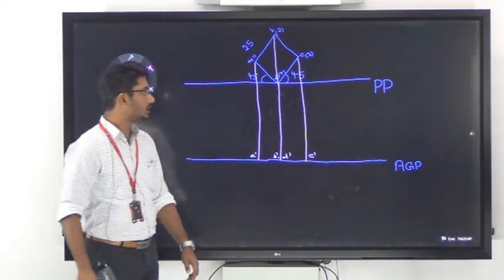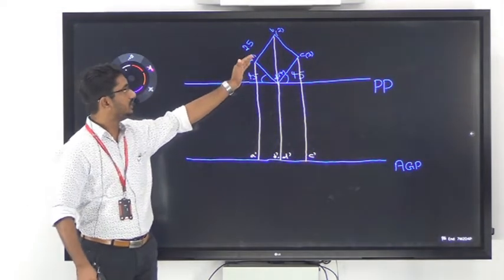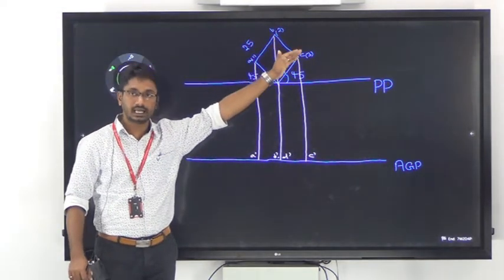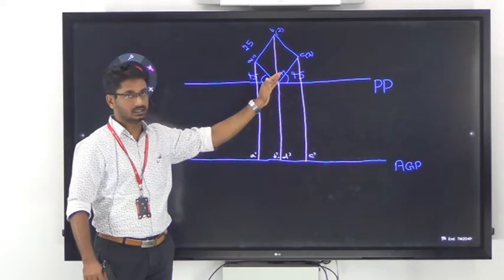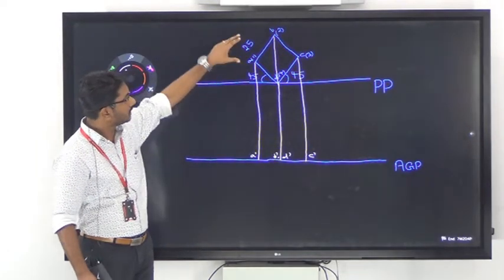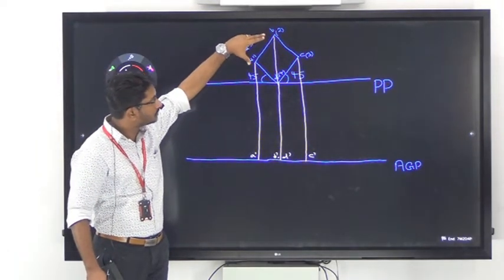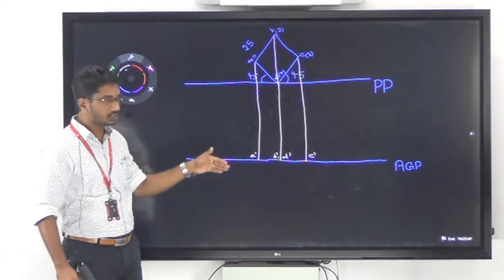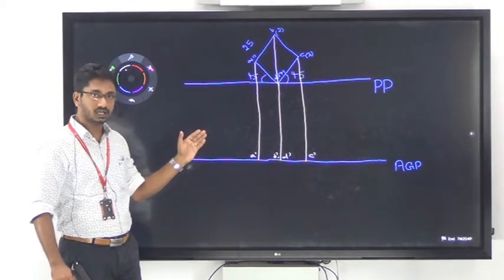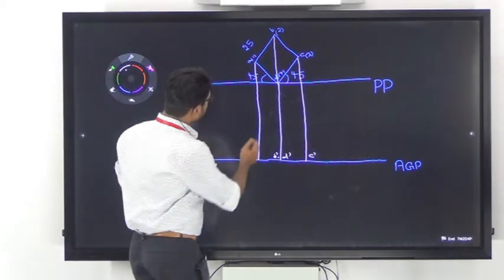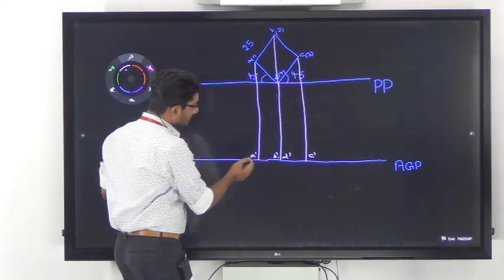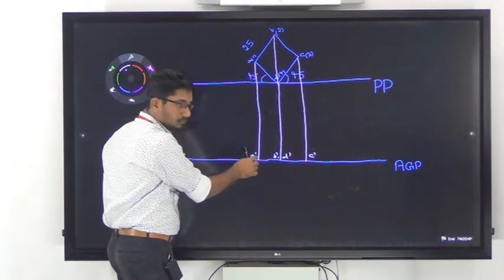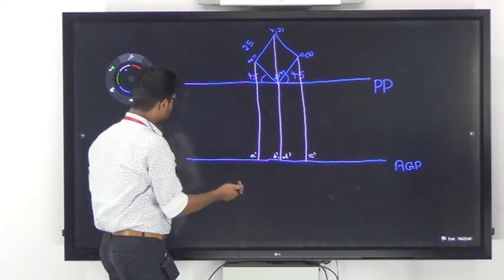Now you have to mark the bottom corners 1 dash, 2 dash, 3 dash and 4 dash. For that we know that dimension of the cube is equal to 25 mm. That means the height of the cube is equal to 25 mm. So you can mark the point 1 dash at a distance of 25 mm below the point A dash.